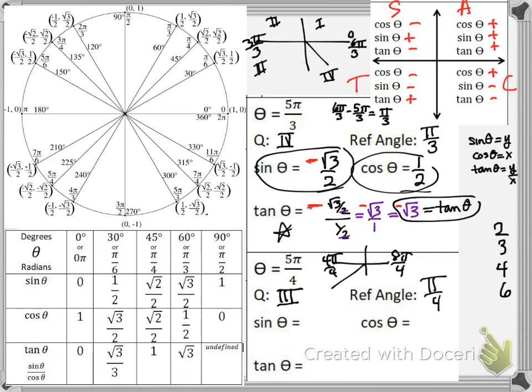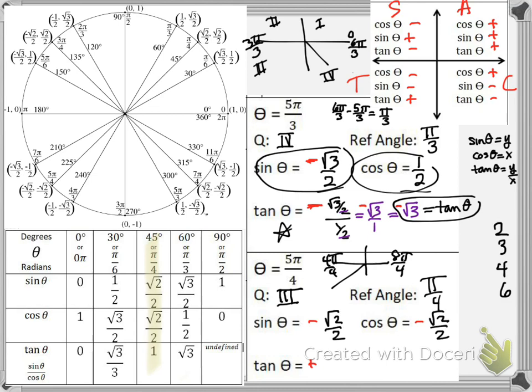And I know that if I'm in quadrant 3, all students take calculus. So in quadrant 3, only tangent gets to be positive. Everything else gets to be negative. I'm going to look at the π/4 column on my table, and I'm going to say -√2/2, -√2/2.